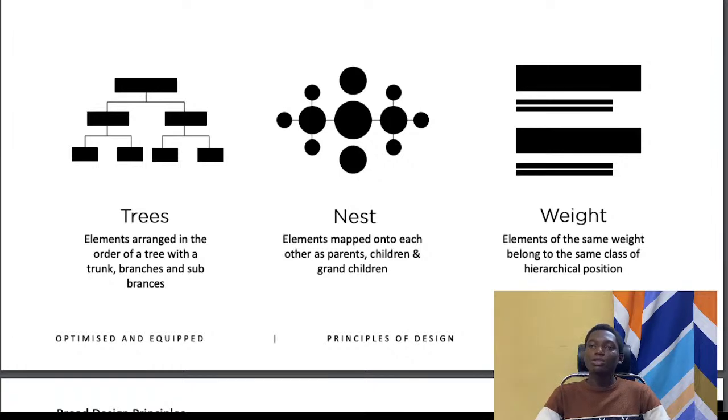Let's look at the trees hierarchy. The trees hierarchy is the elements arranged in the order of a tree, like a trunk, branches and sub branches. That's what I said. It is a way in which you arrange everything from the mother to the child, and everything must act in line.